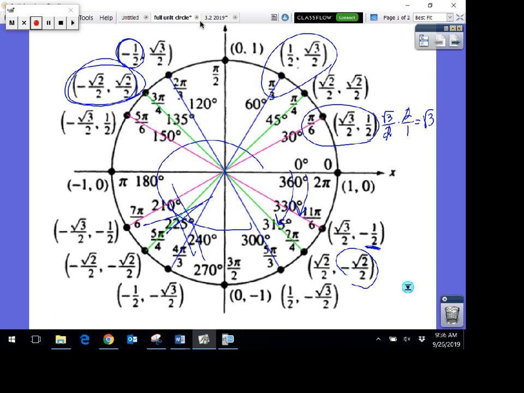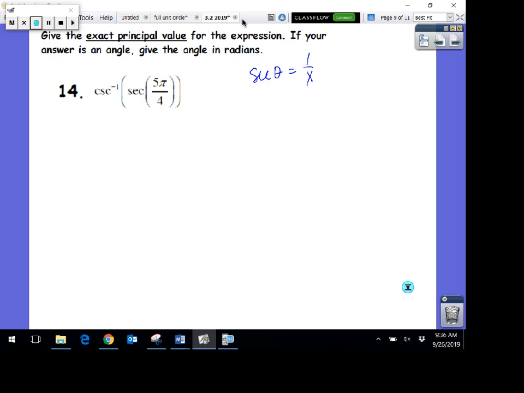Secant is the reciprocal of cosine. So 1 over negative root 2 over 2, or we can just take the reciprocal. So that's going to be equal to negative 2 over root 2. So the secant is negative 2 over root 2.